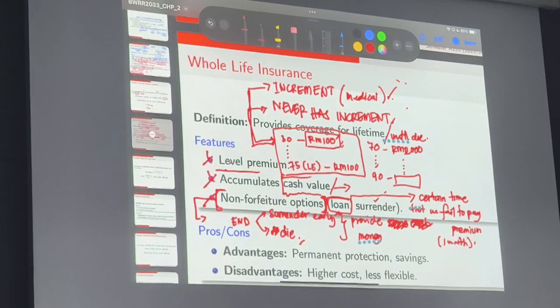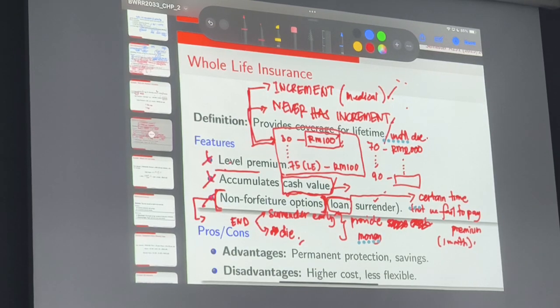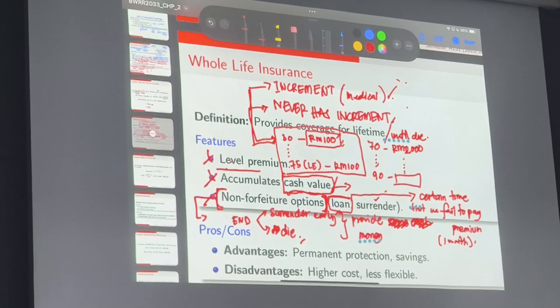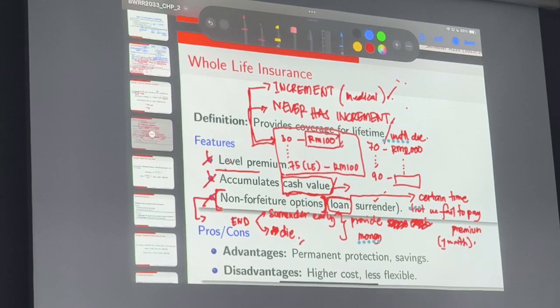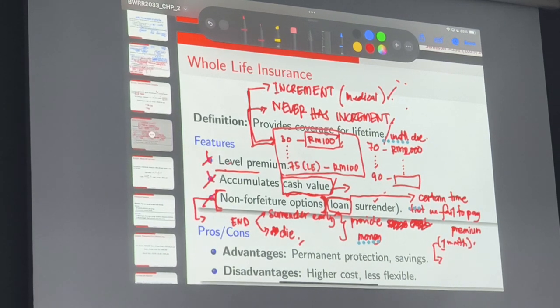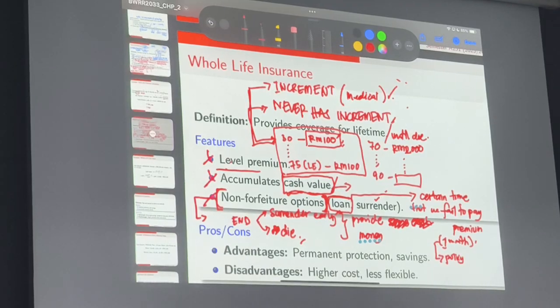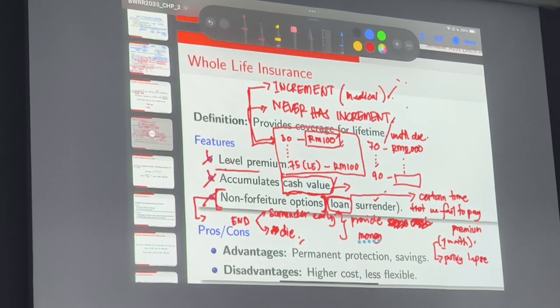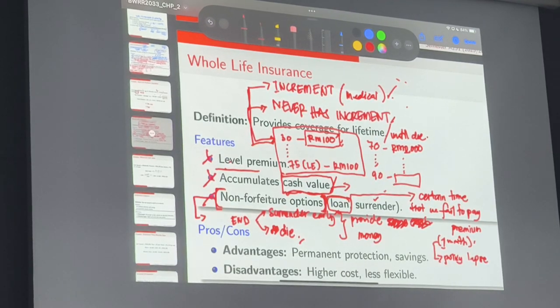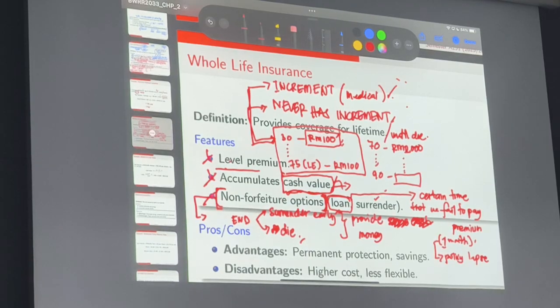Instead of the policy lapsing after one month of not paying the life premium, what does the insurance company do? They will provide a loan. Where is the loan from? Loan is from the cash value that we have accumulated.